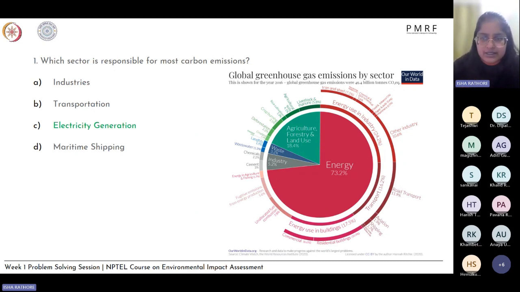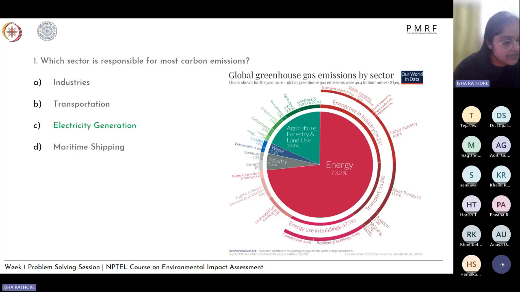So all of these, as well as fuel and emissions from other kinds of fuel activities, also lead to 73% of emissions being generated out of the energy sector itself. So electricity generation has the largest contribution, which is 73%.